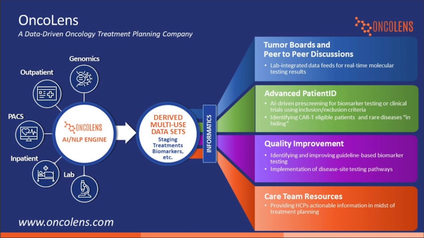We have a proprietary AI engine that we're able to provide solutions for several needs of cancer centers across the U.S. and internationally, some of which I just wanted to highlight: identifying difficult-to-find patients who match the clinical trials offered by our site. We are able to identify patients who are matched for CAR-T therapy, as well as quality improvement projects often focused on improving biomarker testing rates through custom reports of patients who need biomarker tests such as germline or somatic testing.